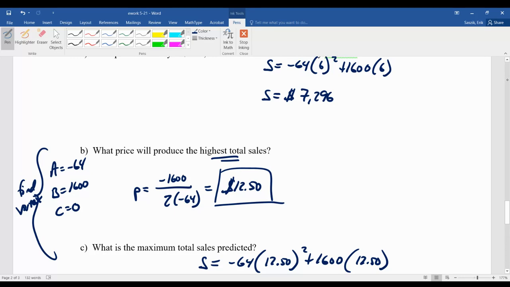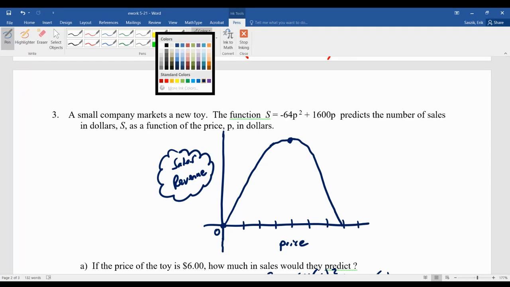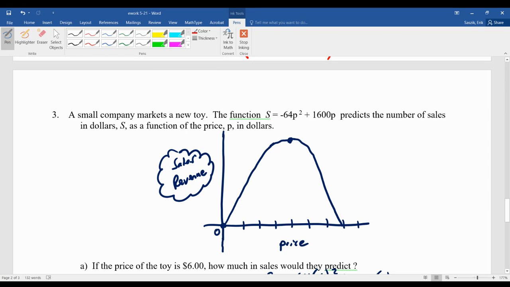Now, let me show you this. Let's go back to this parabola. Check this out. Let's just say this up here, equal with the vertex, that's going to be 10,000, because remember we found the peak was at 10,000.